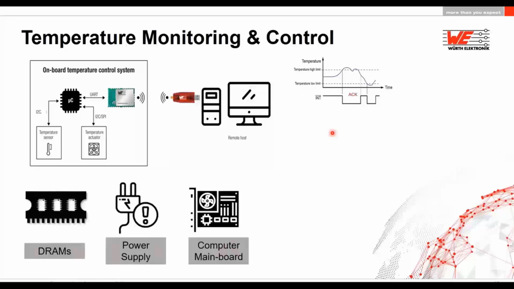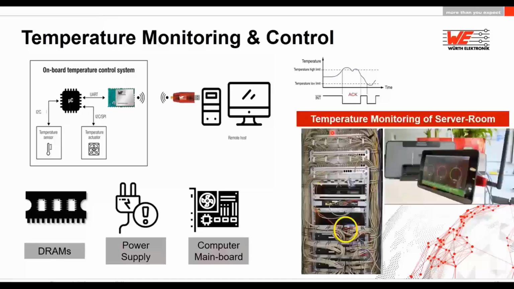This kind of temperature monitoring is found today in DRAMs, in power supplies, or in the computer main board, where the temperature of the PCB or the whole housing needs to be maintained at a certain point. Another example is the temperature monitoring of the server room.